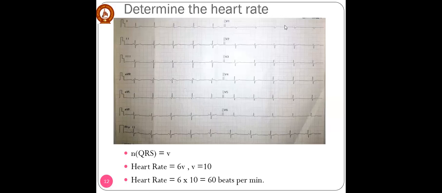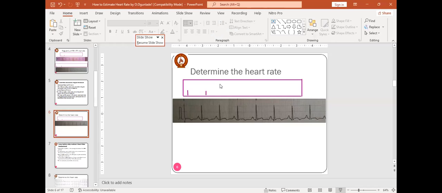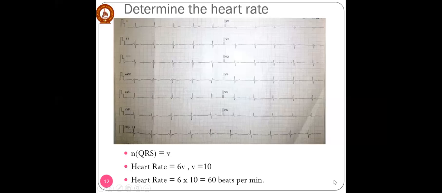This question also say determine heart rate. Now, you see different forms of channel recording. So this is 6-channel recording. The 3-channel recording is the one we consider above. So now the channel recording did not matter for 3 channels, 6 channel, and 12 channel.